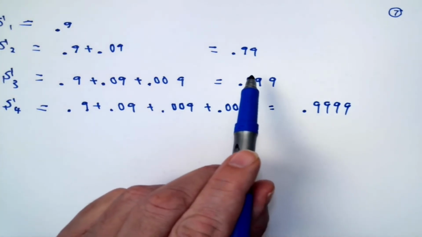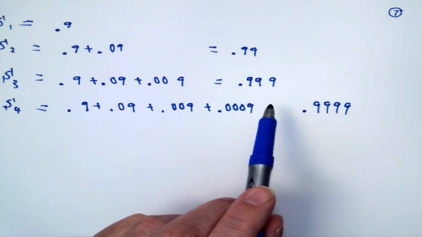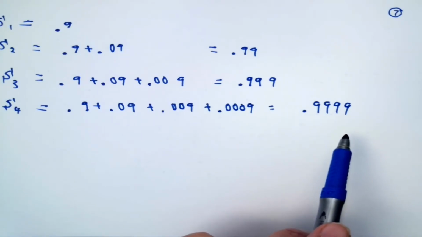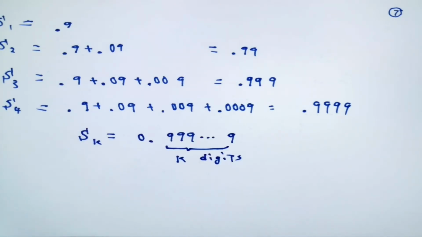The second one is 0.99. The third one is 0.999. The next one has a decimal point and 4 nines after that. I think it's pretty clear what partial sum number k is going to be. Partial sum number k is going to be 0 point, and then there are going to be k digits written down, each one of which is a 9.